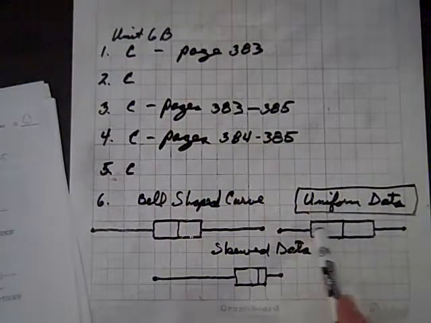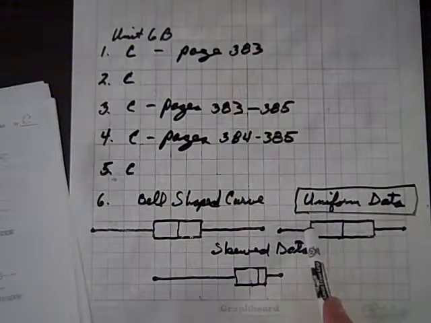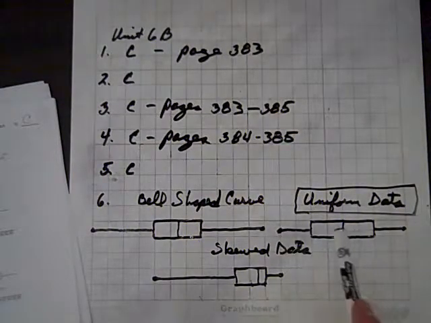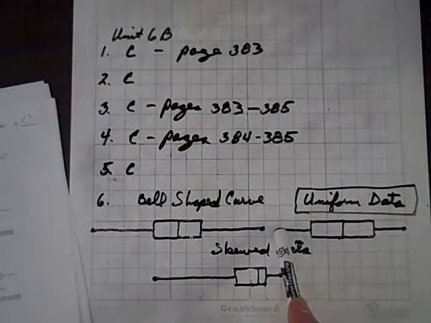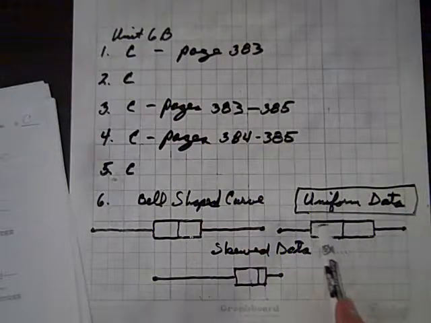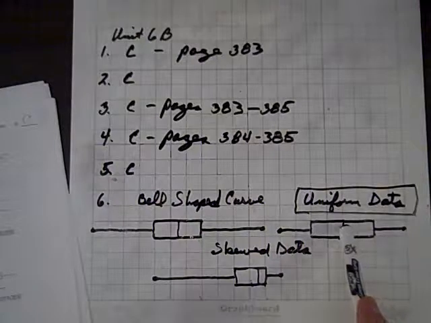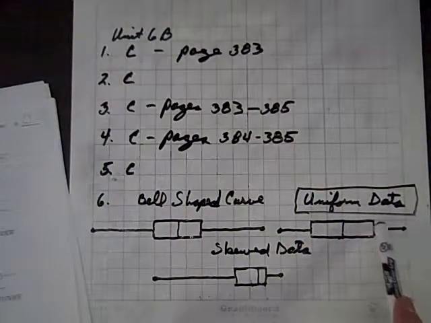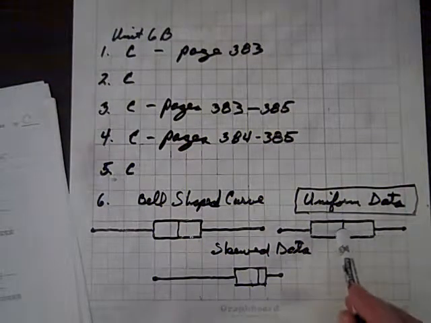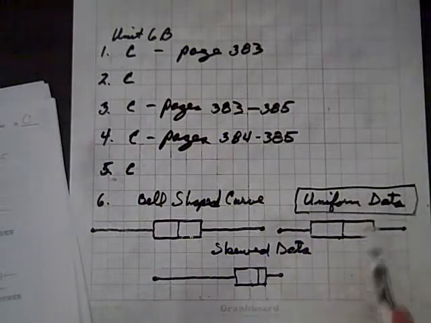The uniform data, we've got symmetry, and the distance from the low to the lower quartile is the same as the distance from the lower quartile to the median, and from the median to the upper quartile, and the upper quartile to the high. So whiskers are shorter, we've got symmetry, and that's for uniform data.